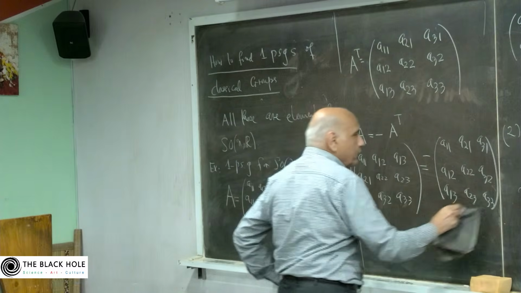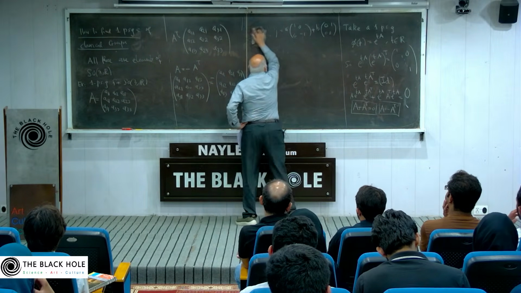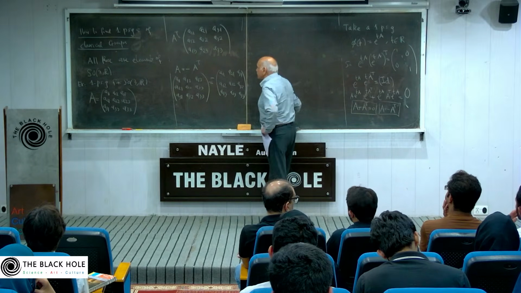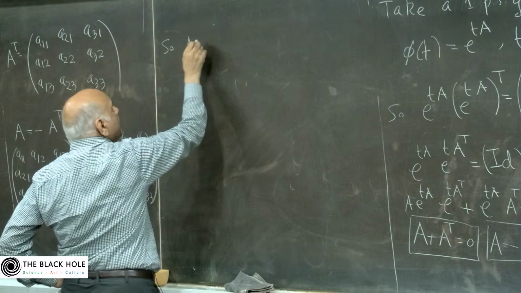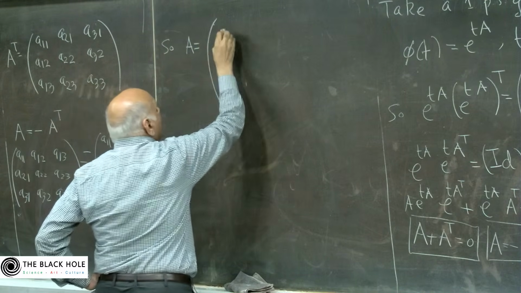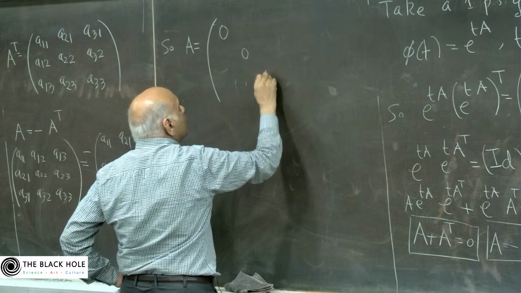So if you compute it out, A will have 0, 0, 0 on the diagonal.